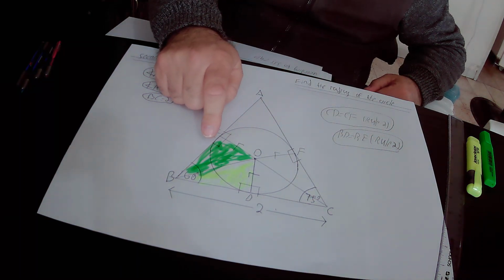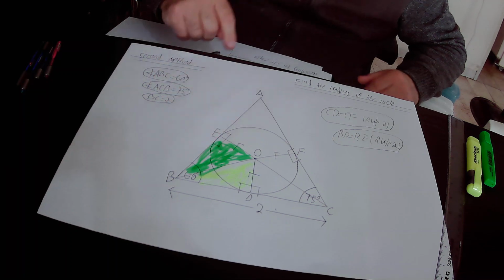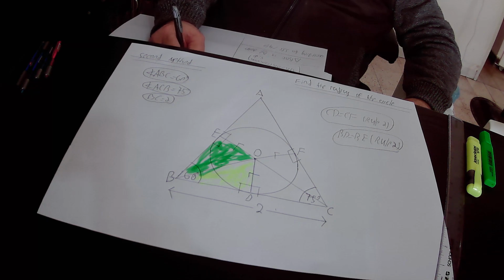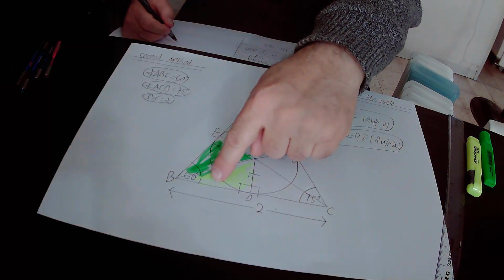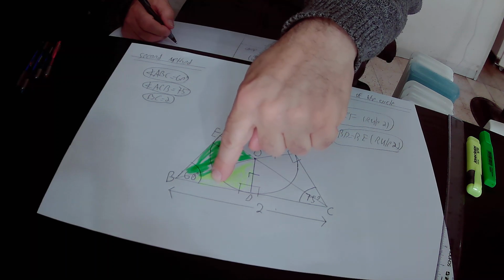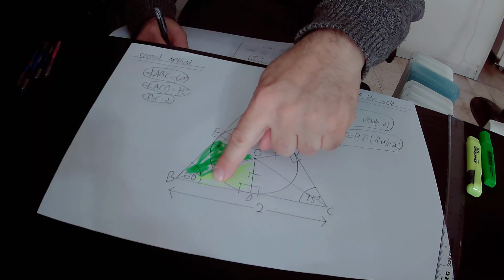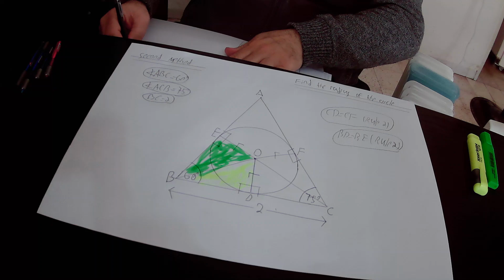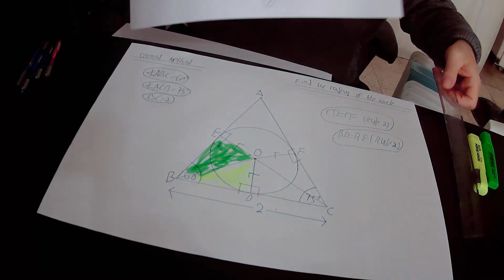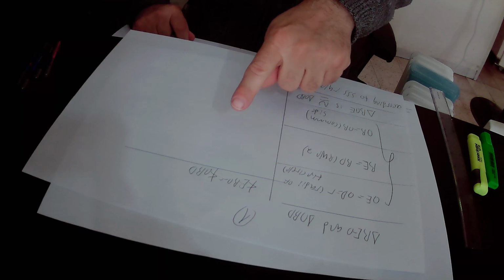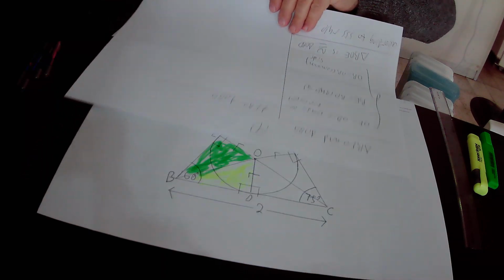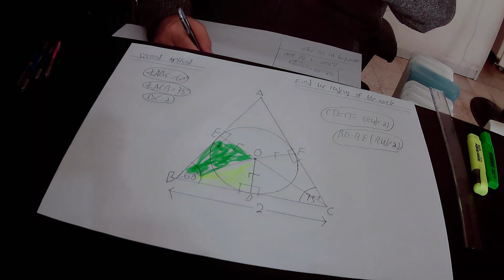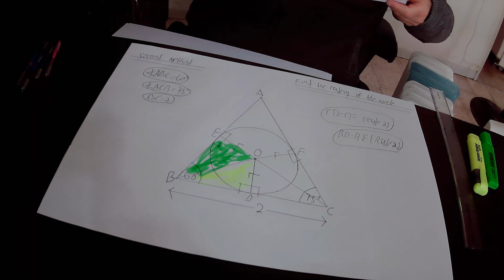So this is angle EBO in the green triangle, and it is equal to this angle OBD in the yellow triangle. If we define one of those two angles as theta, then the other angle must also be equal to theta.